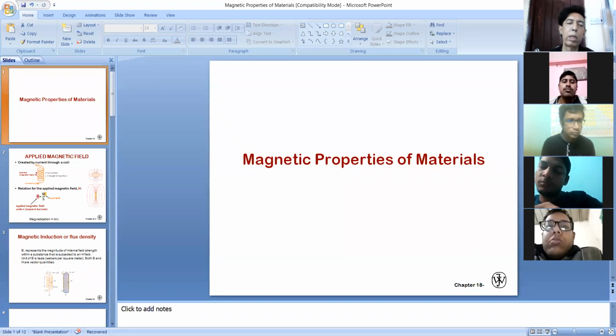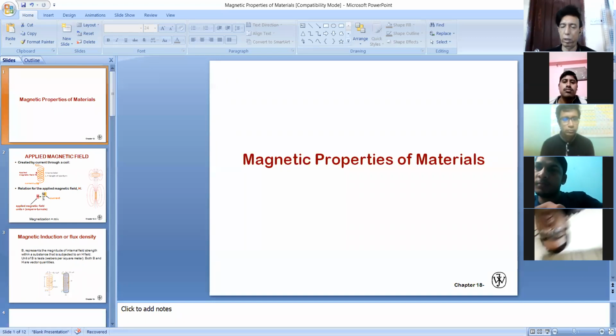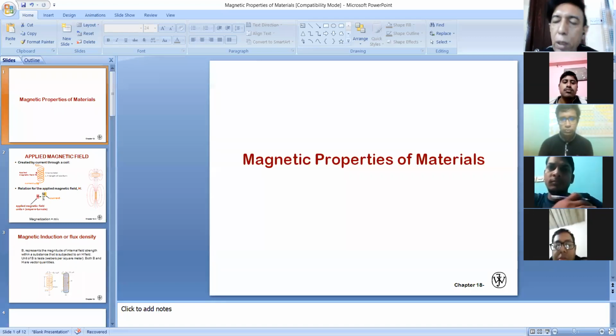Now, these are the magnetic properties of material. That means if we place a material in the presence of a magnetic field, what will happen to that material? This is the magnetic property.